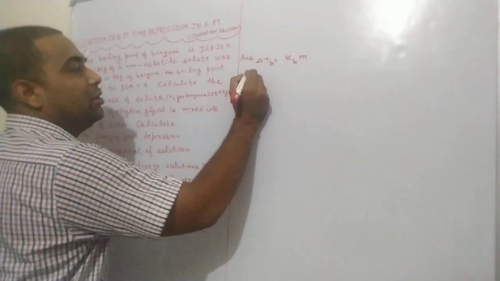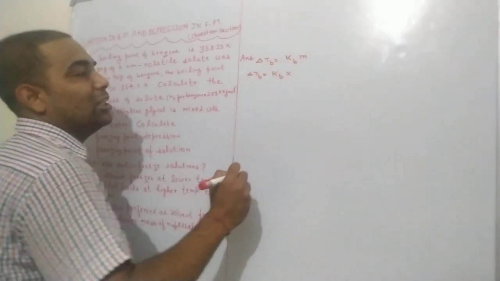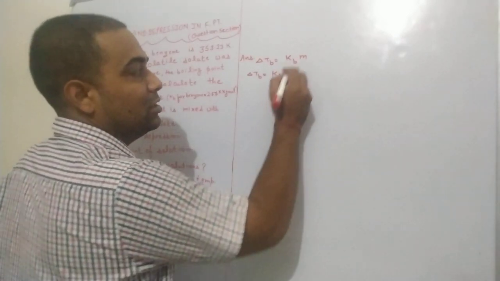So delta Tb can be written as Kb into m, that is molality, number of moles of solute divided by mass of solvent in kg.